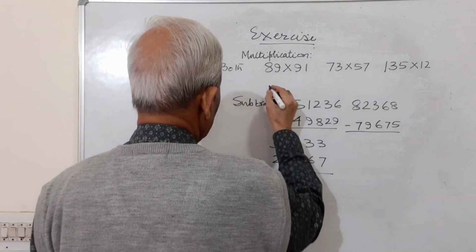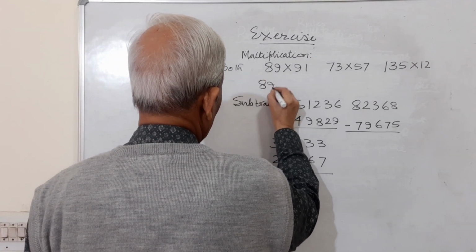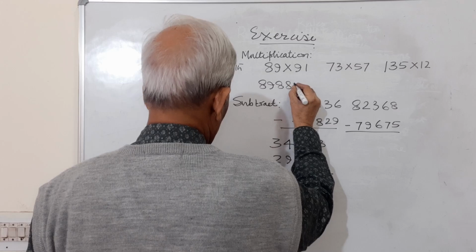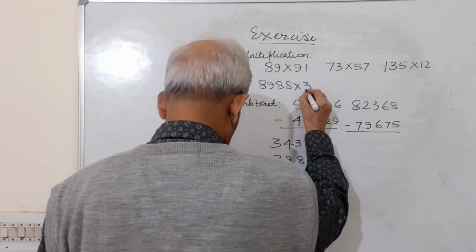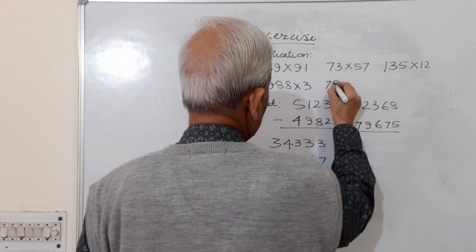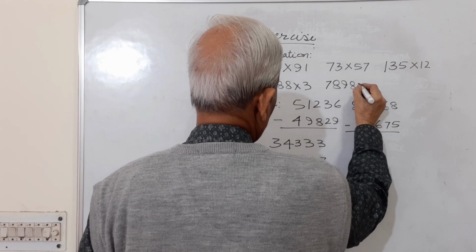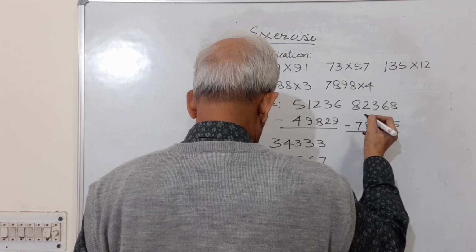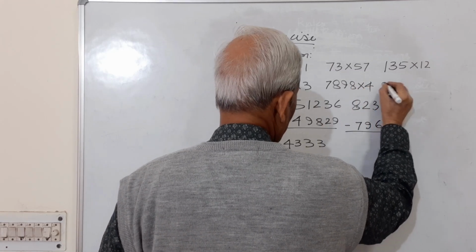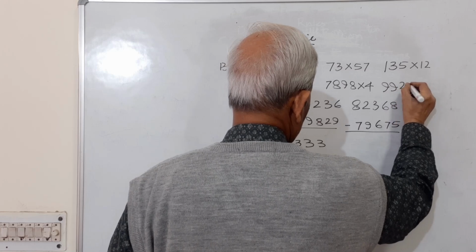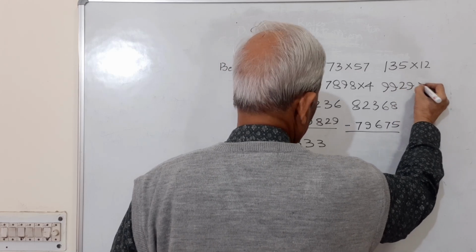But here I'll give you examples of 89 into 88 into 3, 78, 98 into 4, and 9929 into 8.